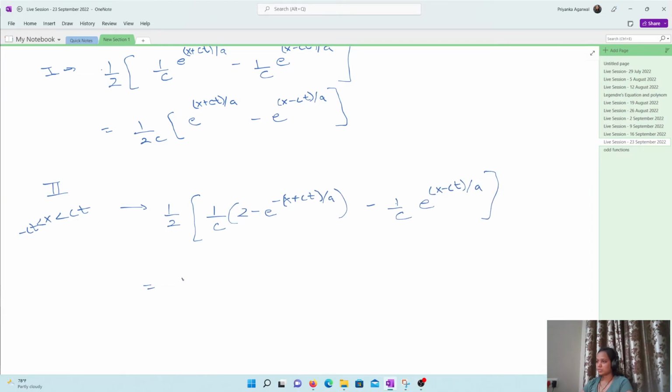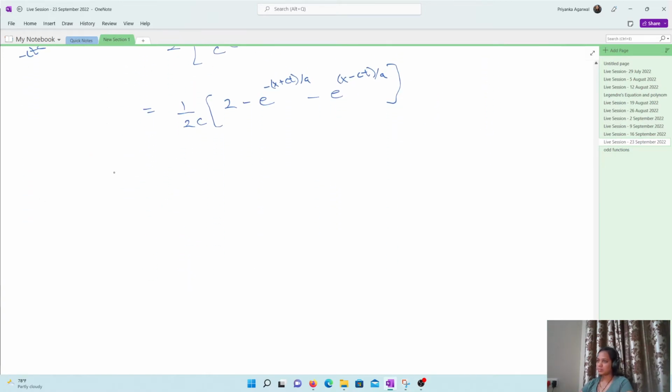So this also becomes 1 by 2c, 2 minus e to the power minus x plus ct over a minus e to the power x minus ct over a.